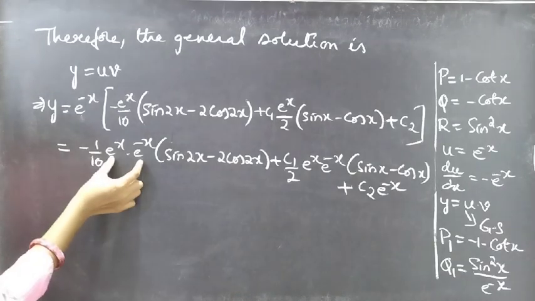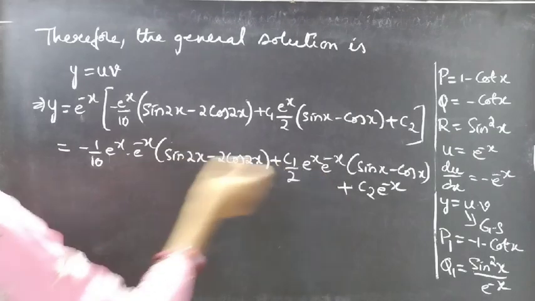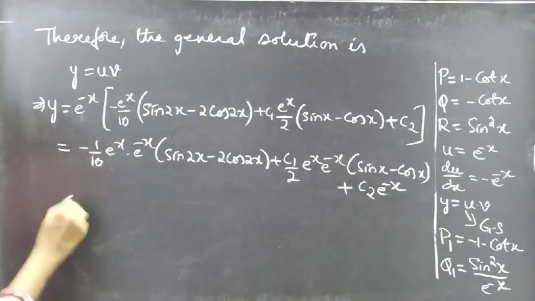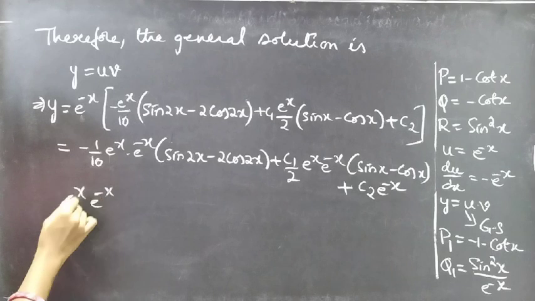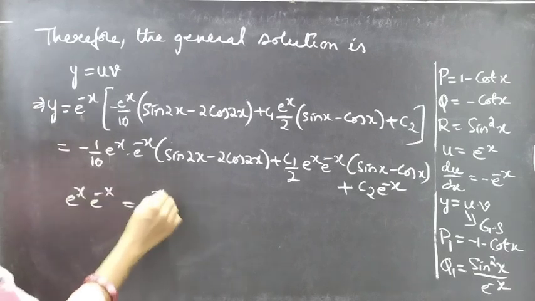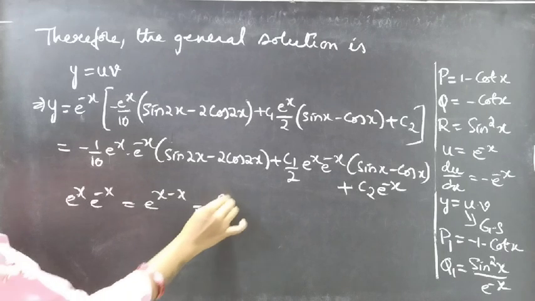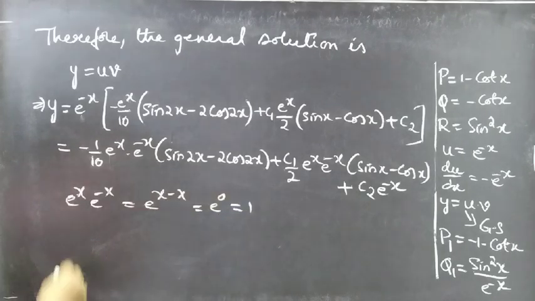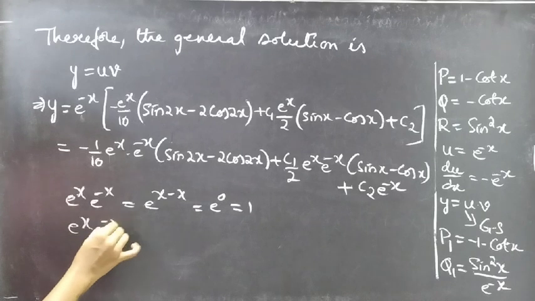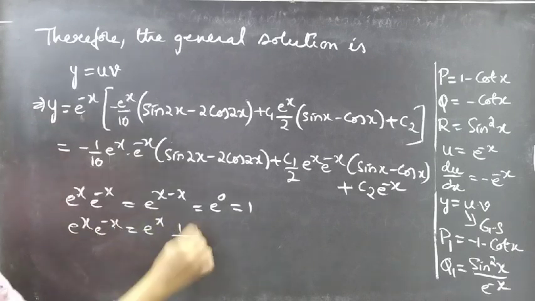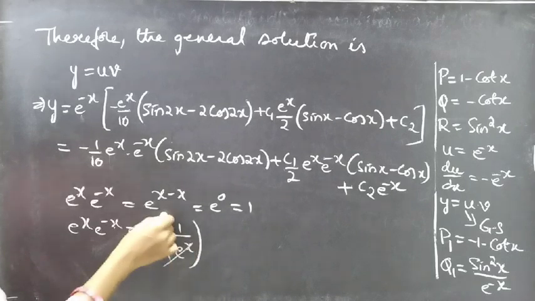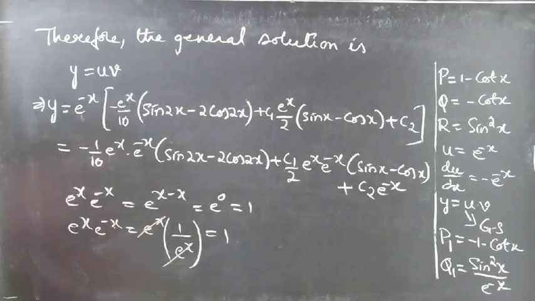So we have e^x into e^(-x) in both the terms. You can add the powers, we get x minus x, which is 0, and e^0 is 1. Or we can write e^(-x) as 1 by e^x, so e^x gets cancelled and we get 1.